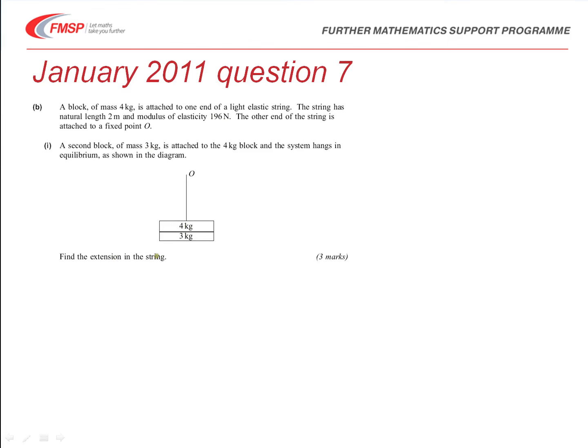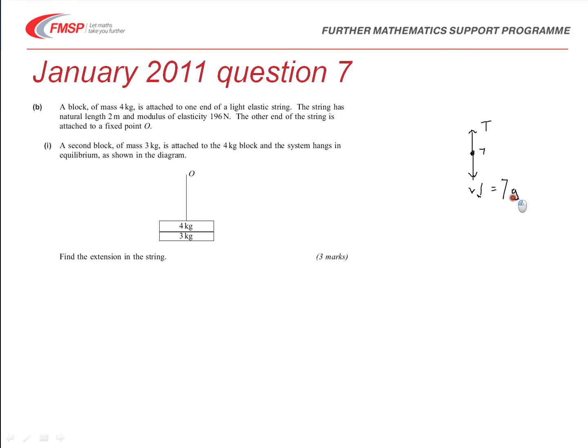We've got to find the extension in the string. So we know that the tension is acting that way. We've got this mass of 7, that's the 2 blocks together, and so we've got the weight acting downwards, which will be equal to 7g.